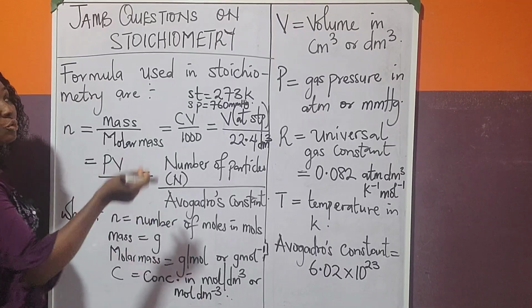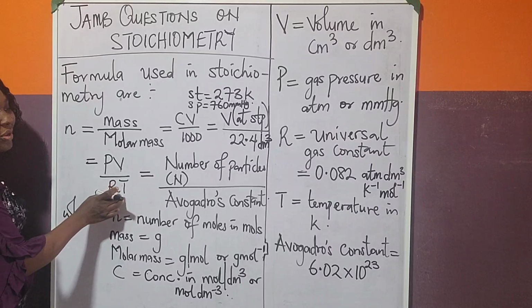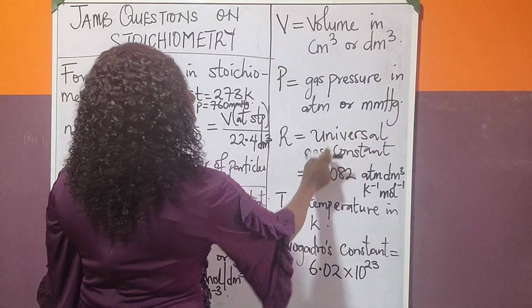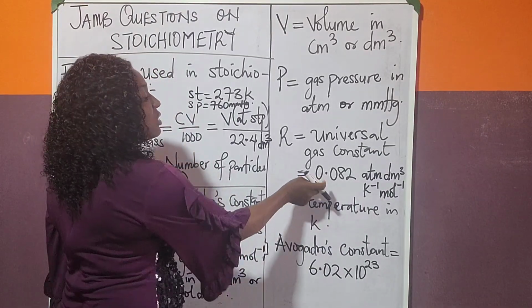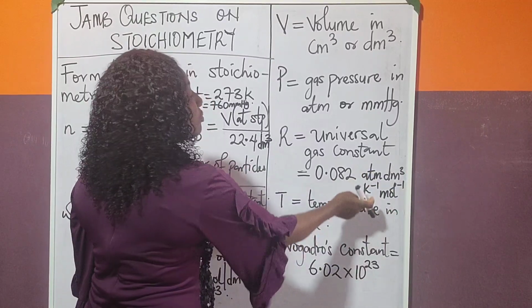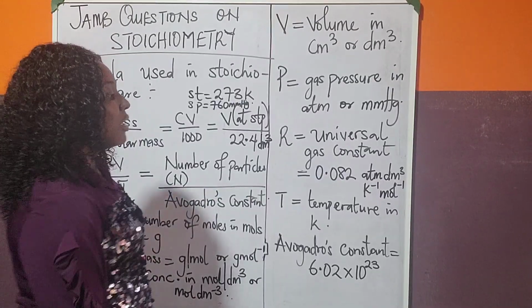Then volume, as usual, is volume in cm cube or dm cube. Then R here is the universal gas constant. Here we have it, R, universal gas constant. And the value of R is 0.082 atmosphere dm cube per Kelvin per mole, depending on the units you are given.